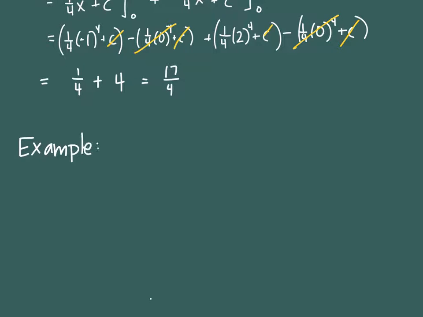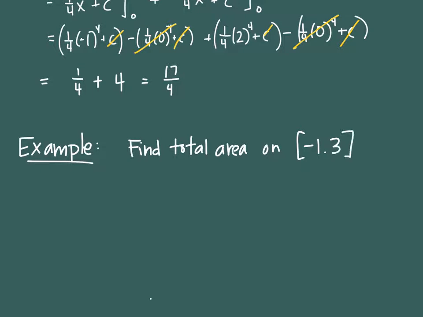This idea of breaking up a graph can also apply to a piecewise function. So let's find the total area on -1 to 3 for the piecewise function.